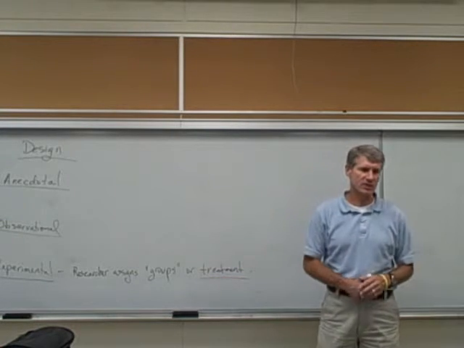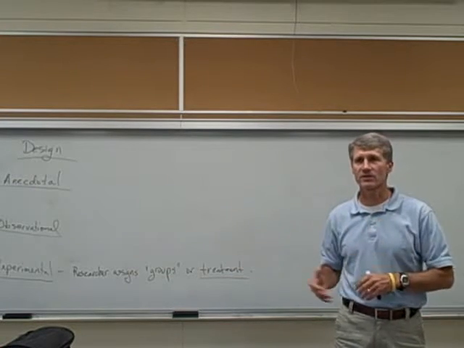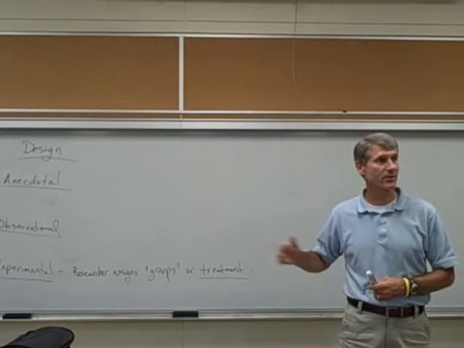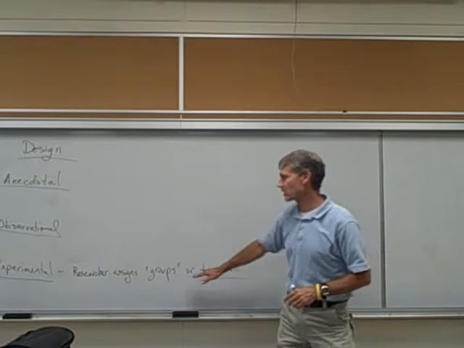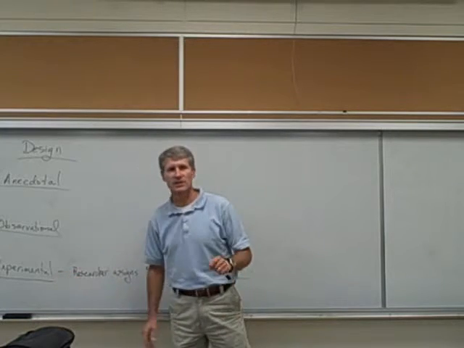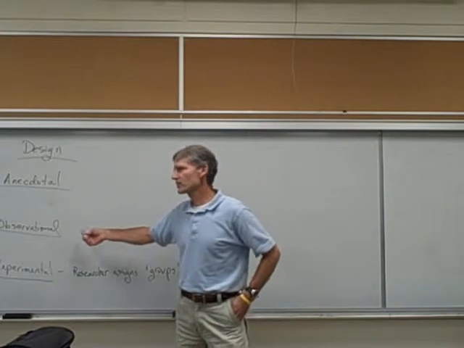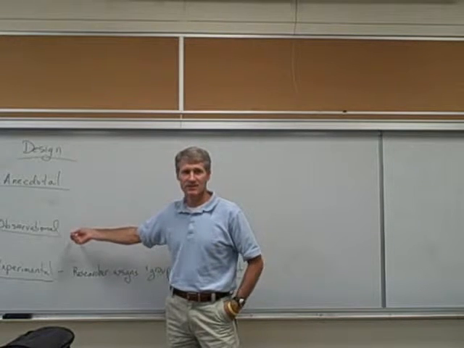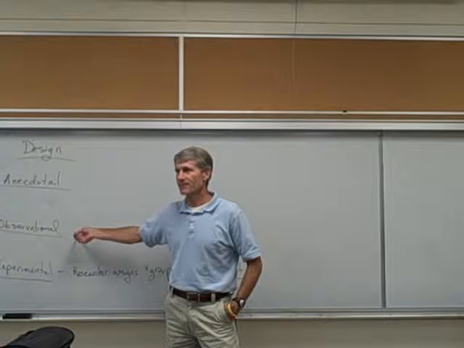So I might be interested in studying the effects of exercise on cholesterol. Well, exercise is the treatment, or the people who exercise is that group. In an experiment, the researcher decides who goes into what group. In an observational study, the subjects decide. They were just already doing that. Okay?